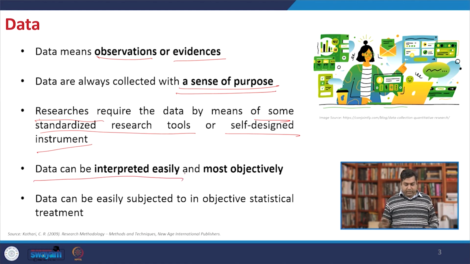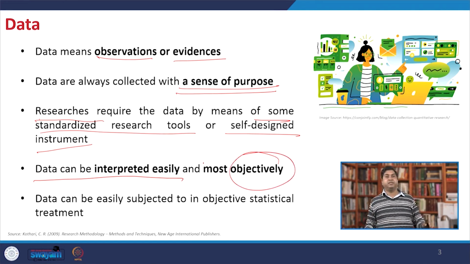Data can be interpreted easily and most objectively. The objectivity of the information or the research depends on the type of data that you have. Suppose in 2011 the population of a particular study area was 1,25,000 and now after 10 years it is 1,35,000.